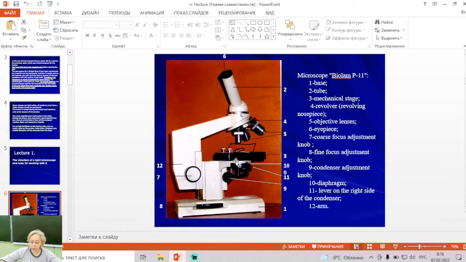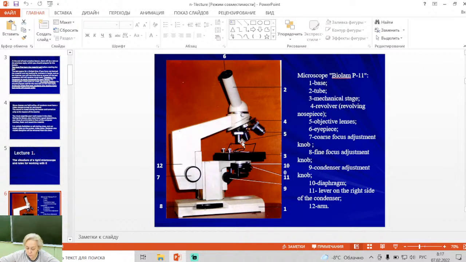The optical part of the microscope presents the eyepiece, number 6, and the lens, number 5. The eyepiece is at the top of the tube and faces the eye. The eyepiece is a lens system enclosed in a metal tube.